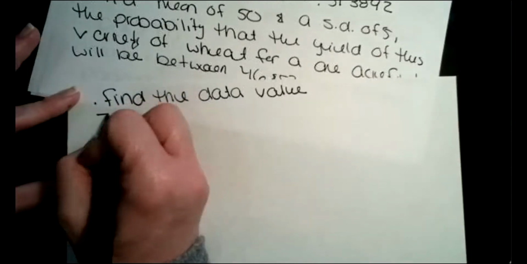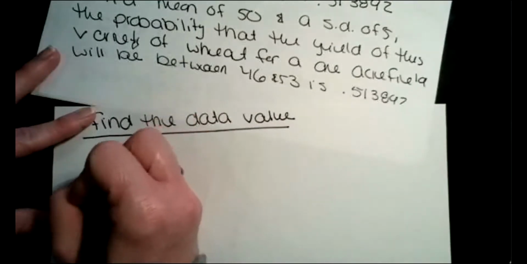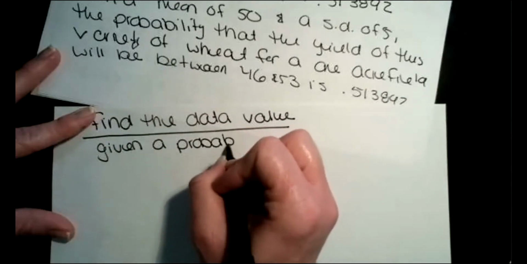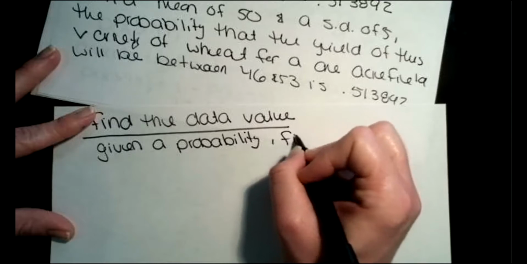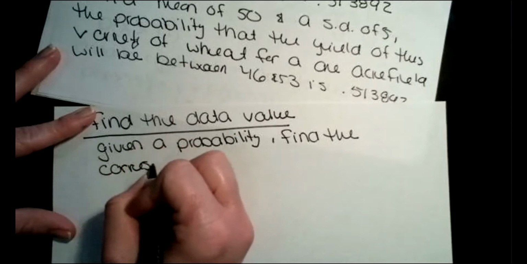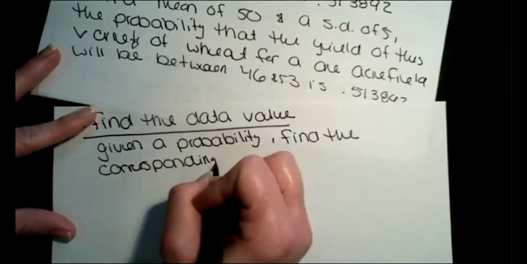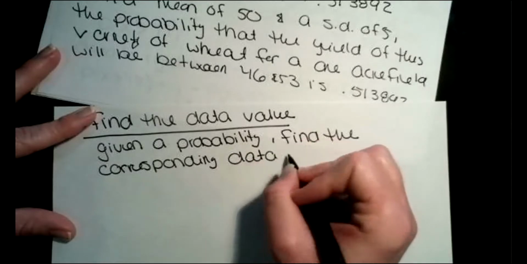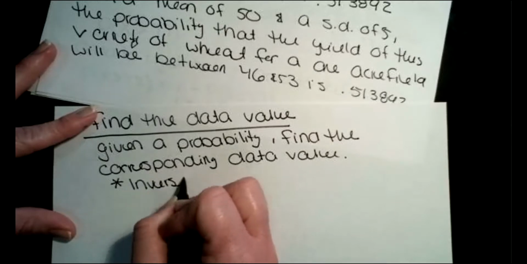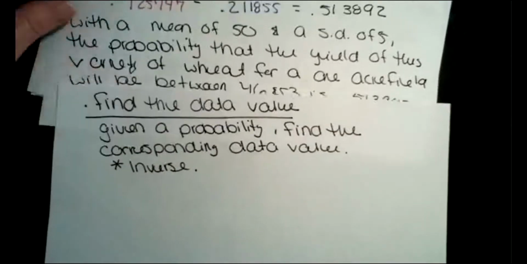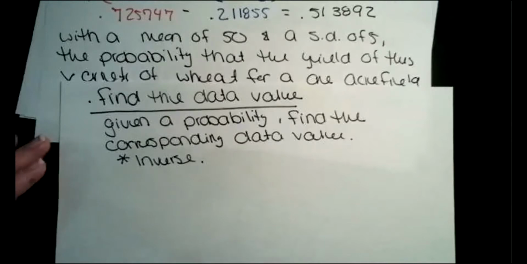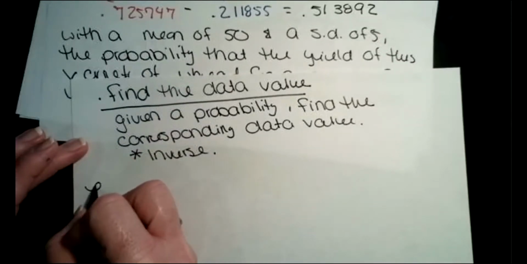We find the data value when we are given a probability and want to find the corresponding data value. This is my inverse function, right? If you're given the probability, you're working backwards and you want to know the data value that corresponds to it. So let's work through an example.